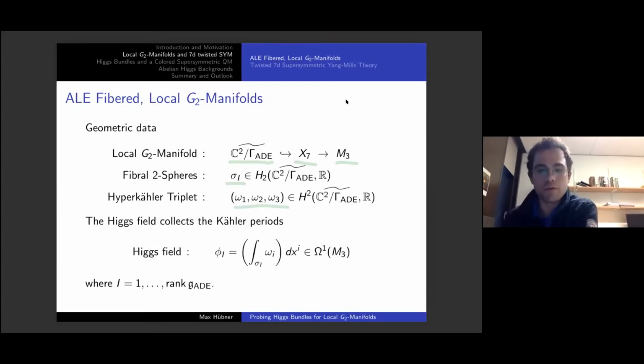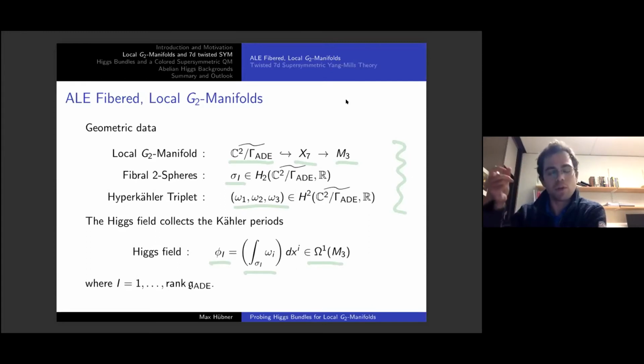All of this geometric information can be packaged into the Higgs field. The Cartan components of the Higgs field are 1-forms on the space M3, and their functions record the symplectic volumes of these two spheres with respect to the hyperkähler triplet. So whenever one of these forms develops a zero, the corresponding 2-cycle in the fiber above collapses and the singularity enhances.